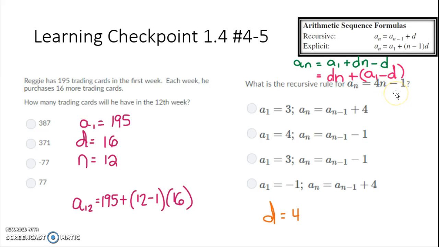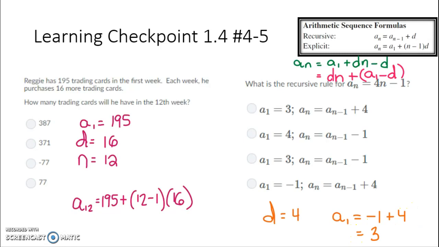So negative 1 is going to come before the first term in my sequence. So in order to find the actual first term, I need to add my common difference to that value. So my first term is going to be that negative 1 plus my common difference, which is equal to positive 3.